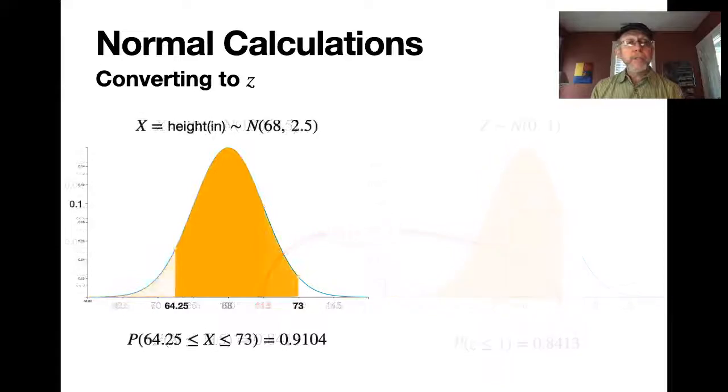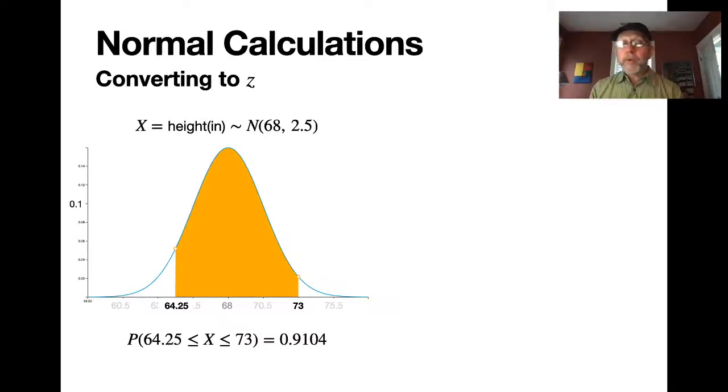So for instance, here's a different one in which we're looking at height, normally distributed with mean 68 inches and standard deviation 2.5 inches. And we've calculated the proportion of heights that are between 64.25 and 73.